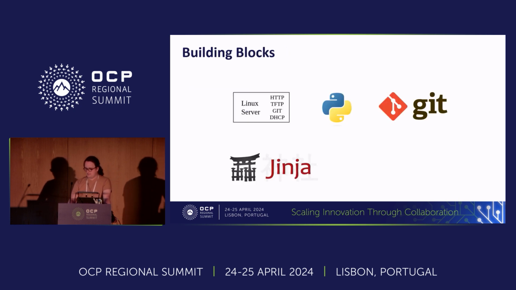So we have made something new, but still simple. We use very, very basic tools: a Linux server, some basic knowledge of Python, Git for storing configuration, and I will tell later how we use Git, and Jinja for templating.